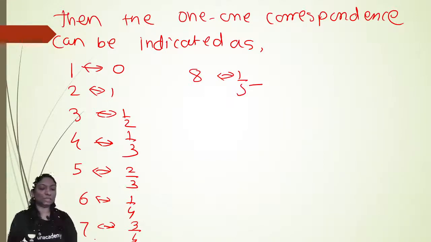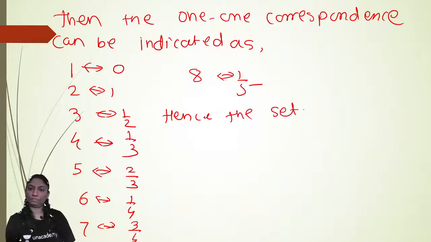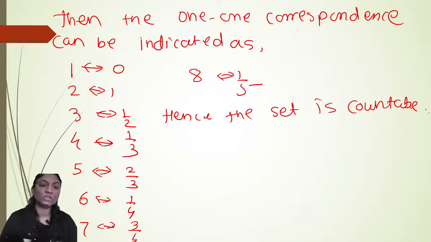Hence, the set is countable. The set is countable because there is a one-one correspondence between the rational numbers in the closed interval 0, 1 and the set of natural numbers. Hence, the set of rational numbers in the closed interval 0, 1 is countable.